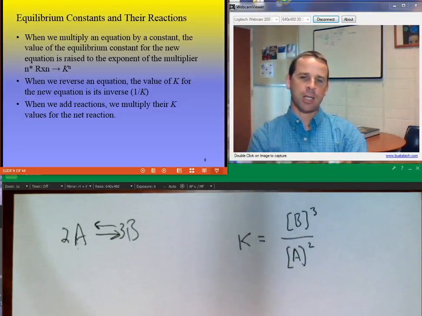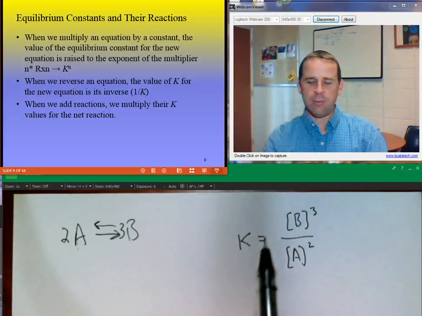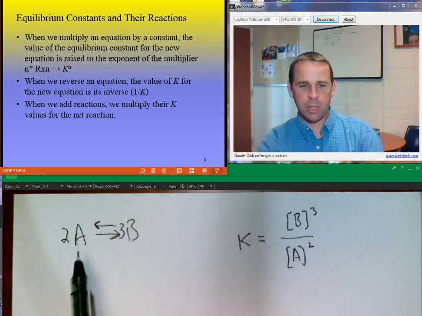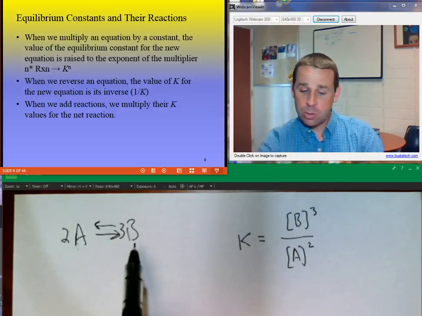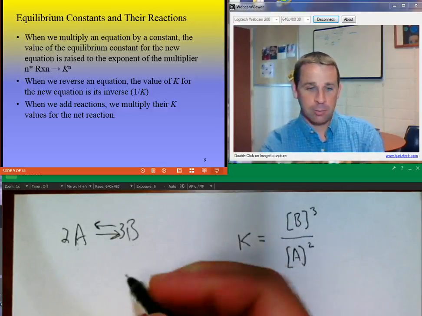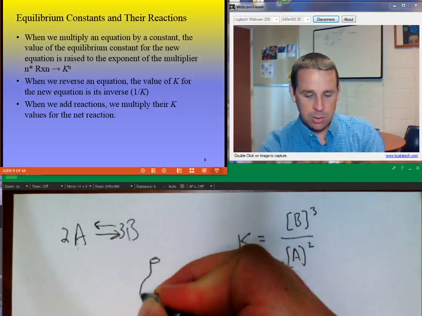Now you can see that if you start off with 2A in a bottle, and most of it goes to 3B, and for example here, let me show you my bottle here.